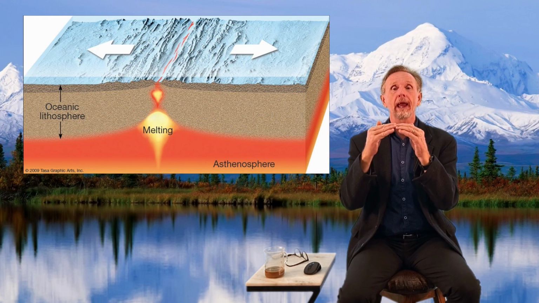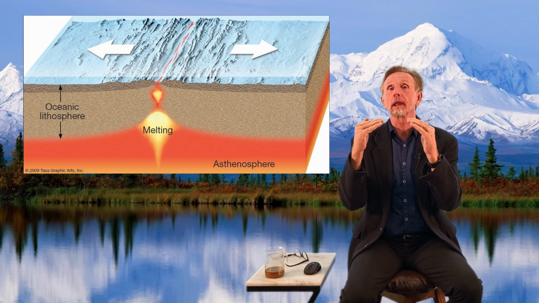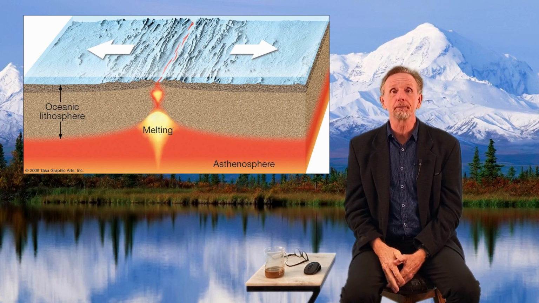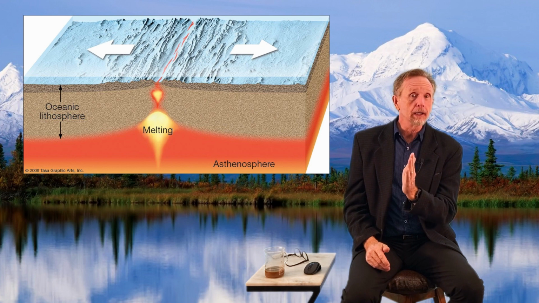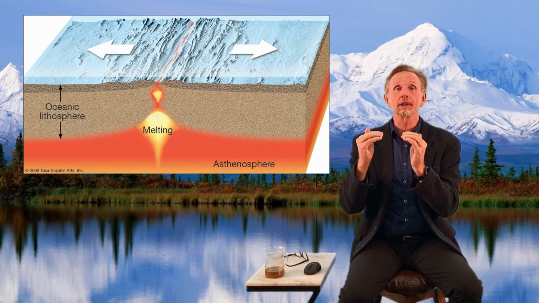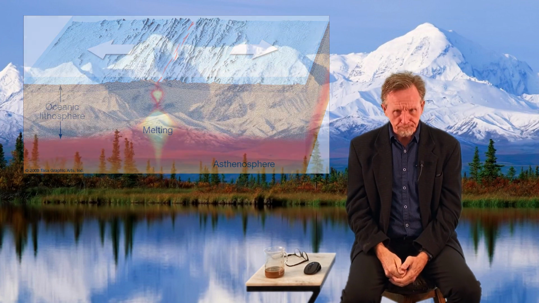And lastly, we have divergent plates, plates that are pulling apart. So down in the mid-Atlantic ridge between the Americas and Africa, Europe, we have a divergent plate. They're pulling apart.